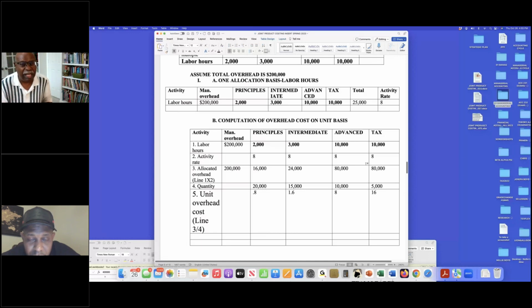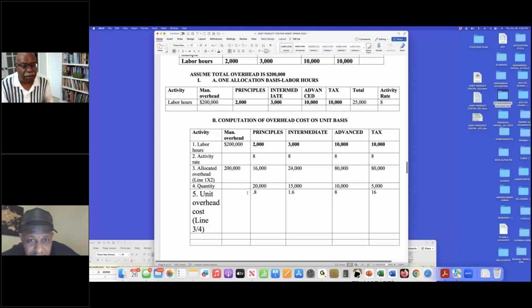The principal's book got 16,000 based on our activity rate. We divided by the quantity and got 0.8, and each book is getting its portion of the 200,000 and dividing it by the quantity to get its unit overhead rate. So you see the 0.8 now, Terrence? I see the 0.8. Yes.